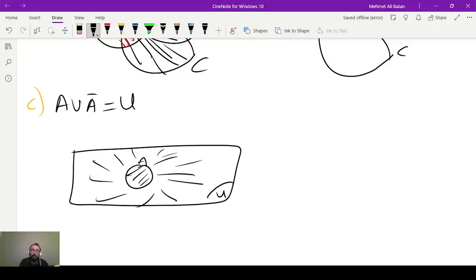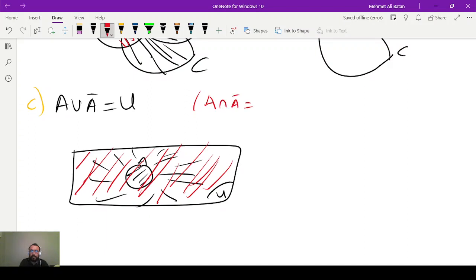I am taking the union, which means everything must be shaded, which is equal to U, obviously. Also, you can observe that A intersection A complement is an empty set, which means the set A and the complement of A are disjoint sets.